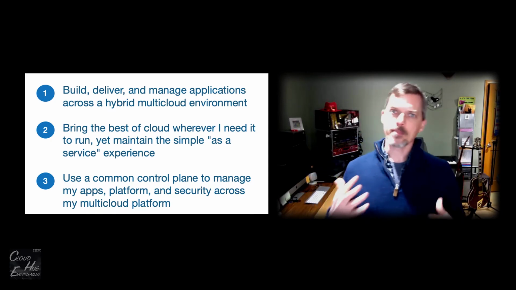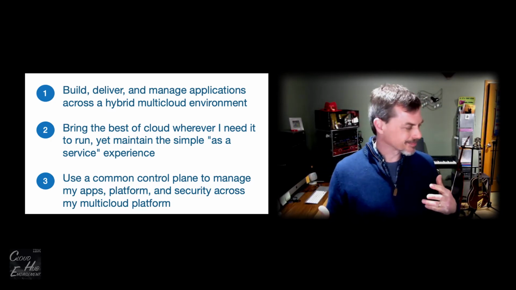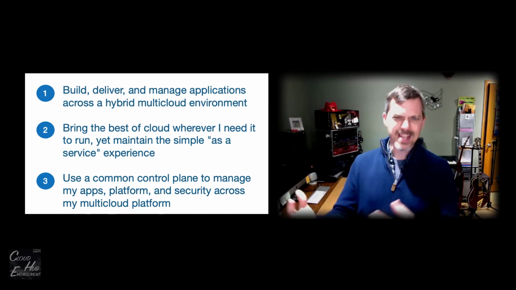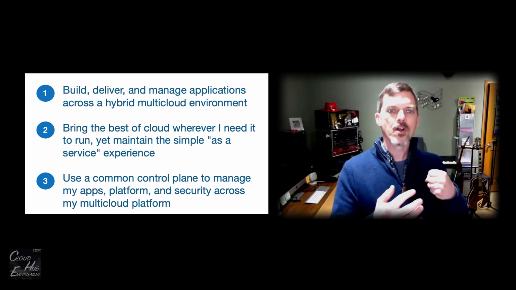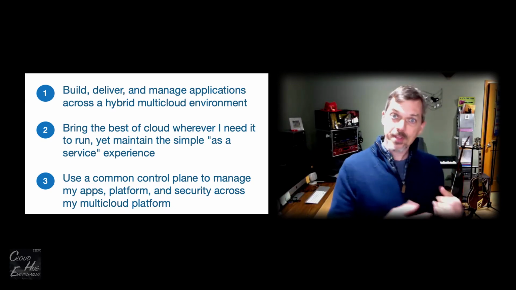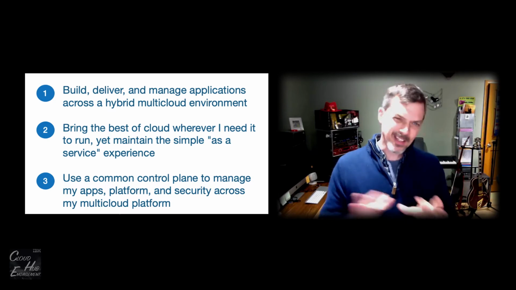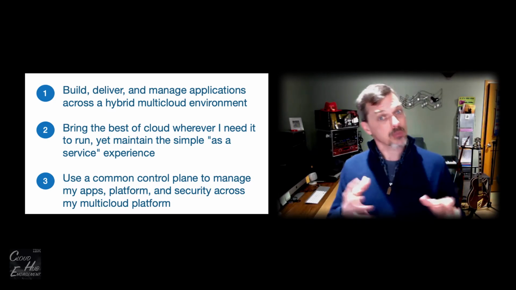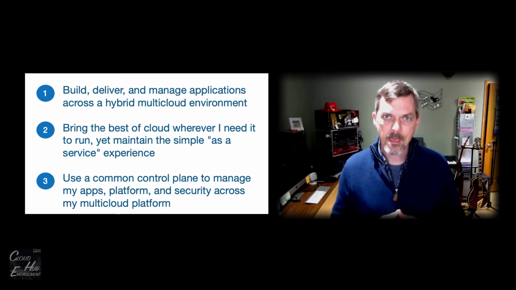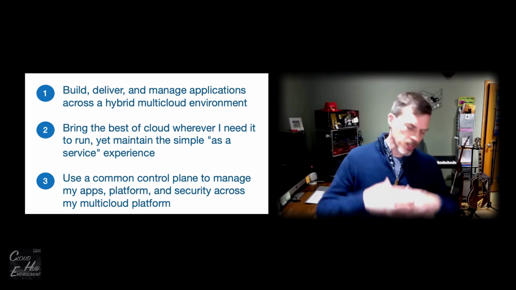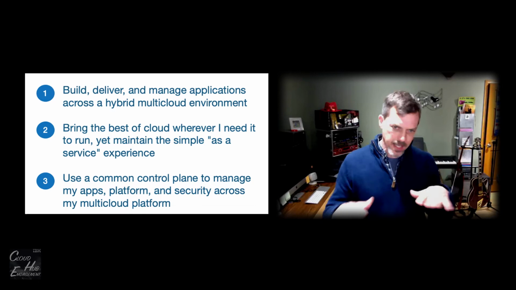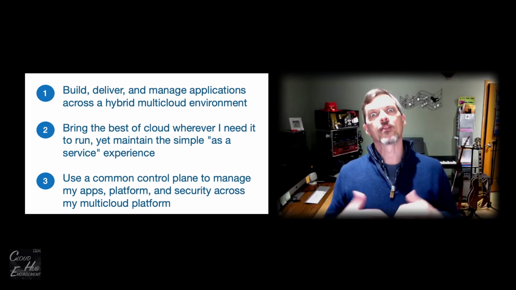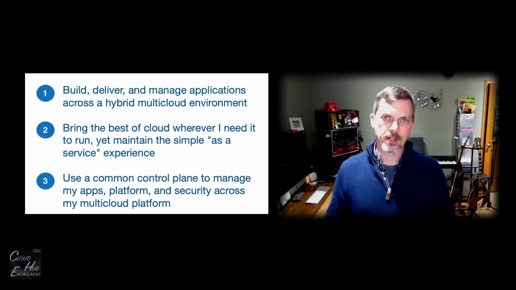Then we talked about how, if they could do that, they want to bring the best of cloud wherever these applications need to run. And yet they still want to create this as a service experience so they can really focus on innovation. And third, they want to use a common control plane to manage the apps, the platform, and the security across that distributed cloud.